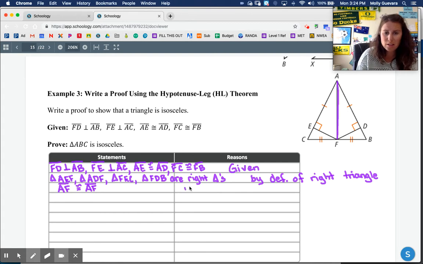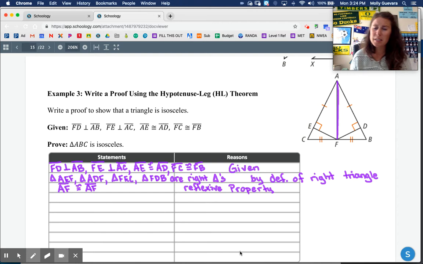And that's called the reflexive property. Anytime you have the exact same side or angle, it's going to be the reflexive property. So I'm going to use 3 tick marks, this line is the same. I know the hypotenuse is the same in both triangles.